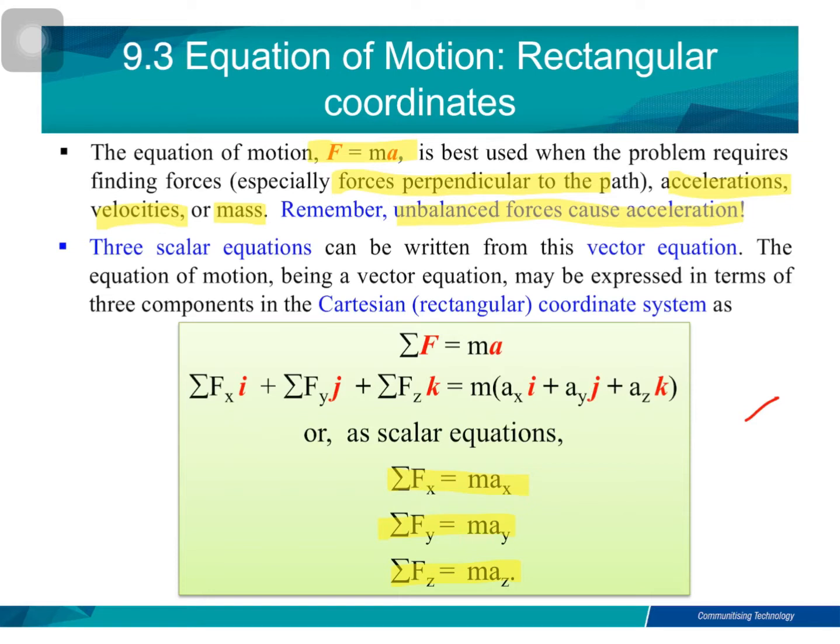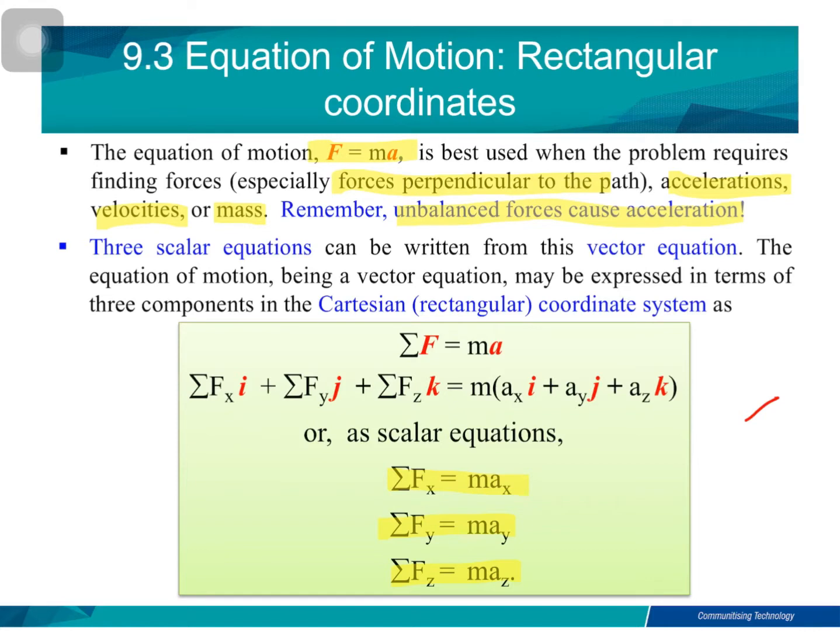First, the equation of motion F equals MA is best used when the problem requires finding forces, especially forces perpendicular to the path, and to determine the acceleration, velocity or mass. So you must remember here, unbalanced forces cause the acceleration.